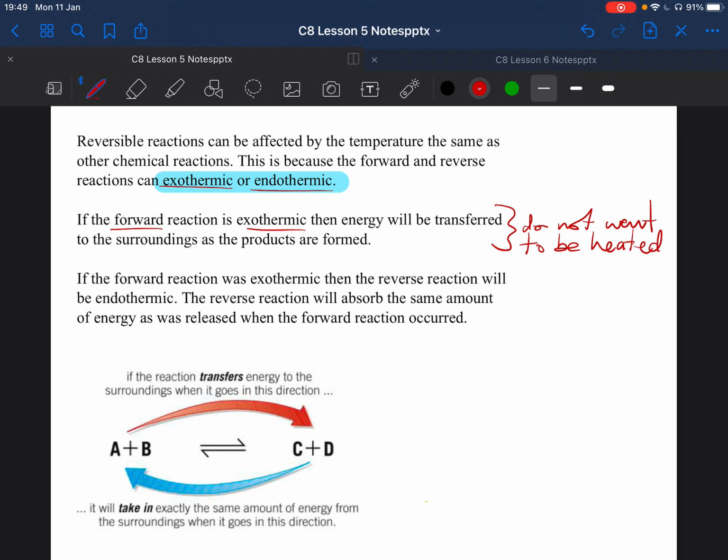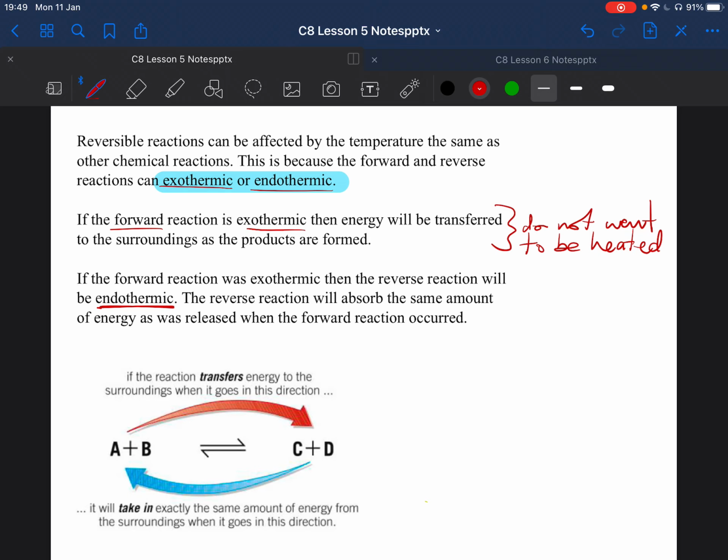They don't require energy or an excess of energy to make them happen. And so if you were to heat the forwards reaction, you would actually slow it down. And what would happen is instead of the forwards reaction happening, the reverse reaction would happen, because the reverse reaction is normally endothermic.